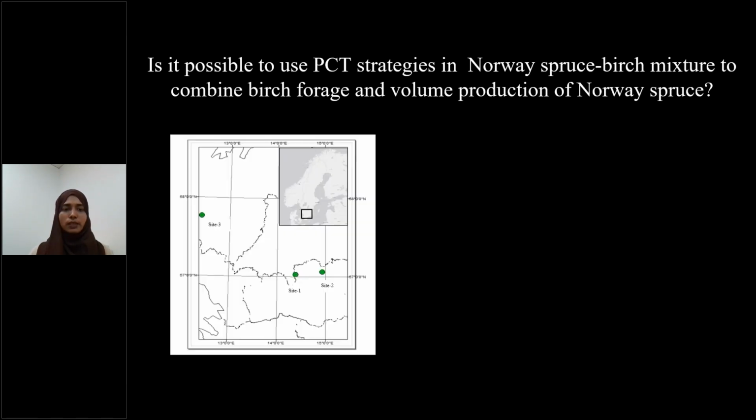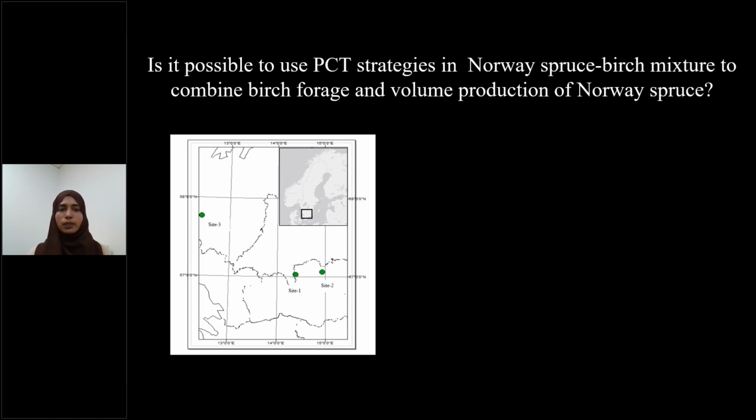To do that, we used a pre-commercial thinning experiment located in the very south of Sweden. The experiment was established in 2013 and 14. The first pre-commercial thinning was done when Norway spruce was 1 to 2 meters in height, and birch was 2 to 3 meters in height.